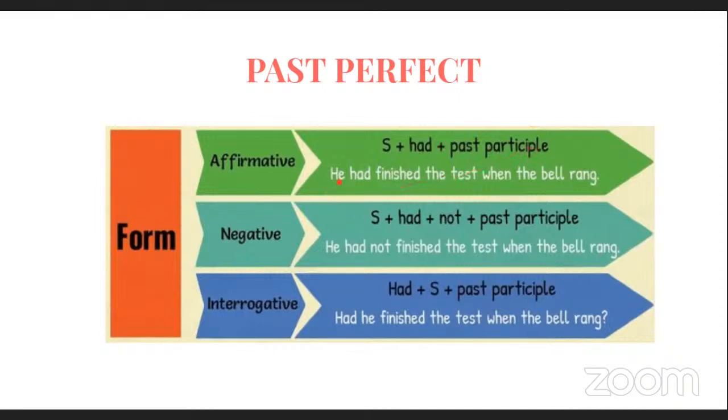And here we have the example given. He had finished the test when the bell rang. Negative. Just changing the auxiliary into negative by adding not. So we can say had not or hadn't, which is the same thing.